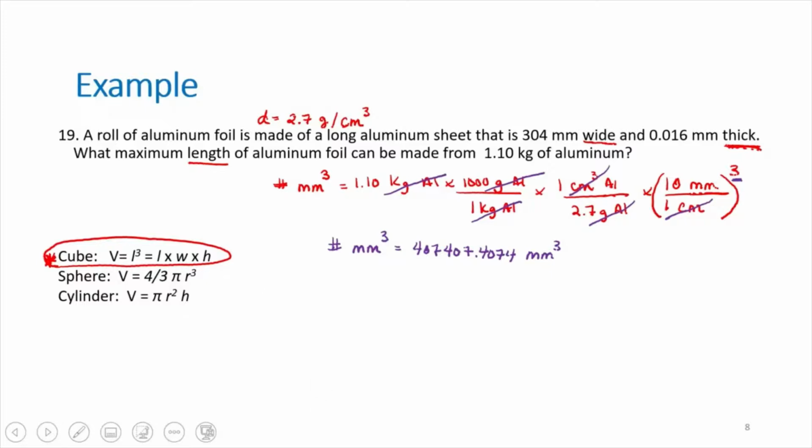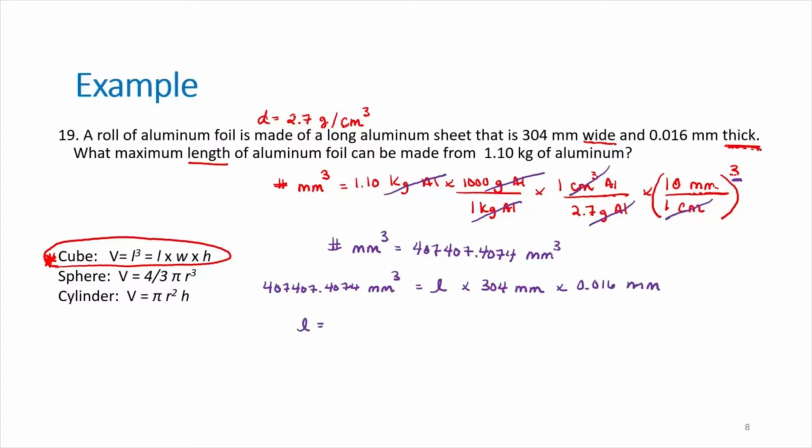So I've got 407.4074 millimeters cubed. This is equal to length times width times height. Length is what I'm trying to solve. Width is 304 millimeters. And height, or thickness, is 0.016 millimeters.